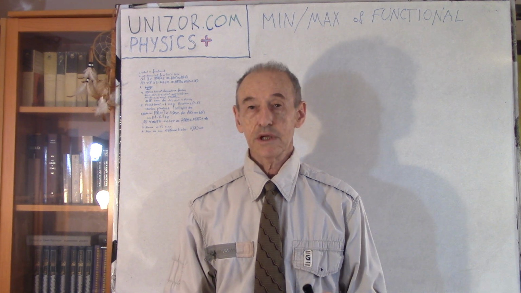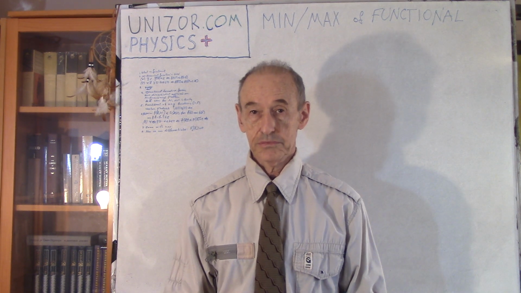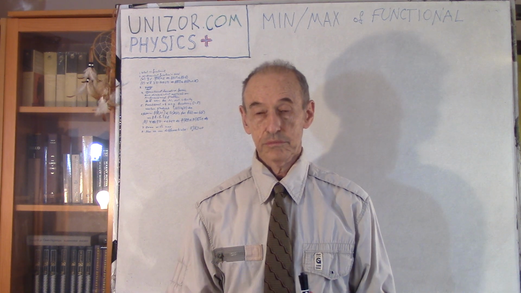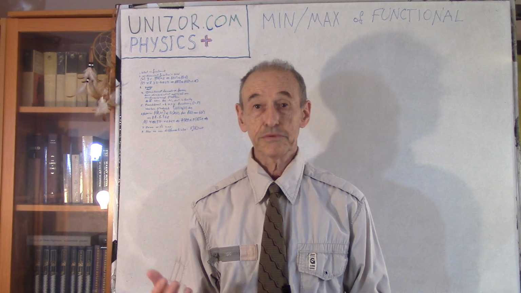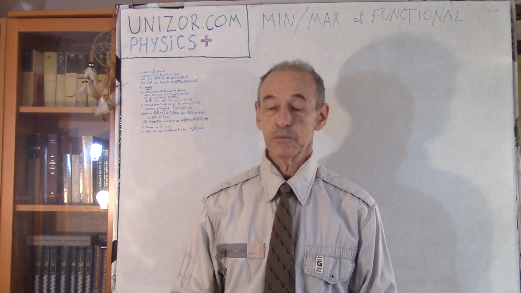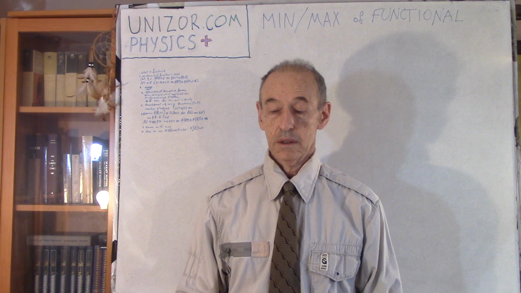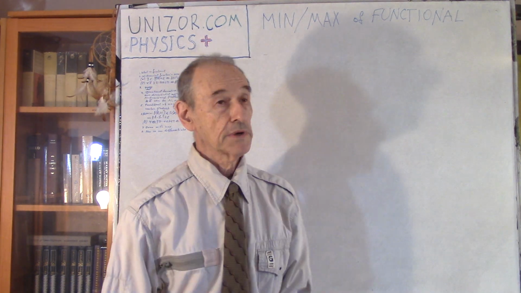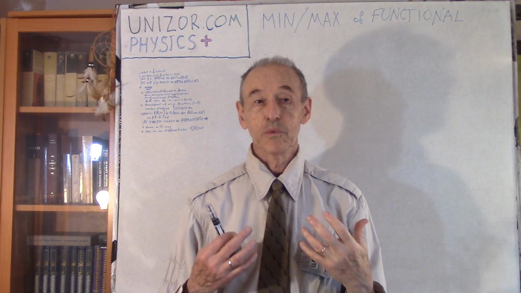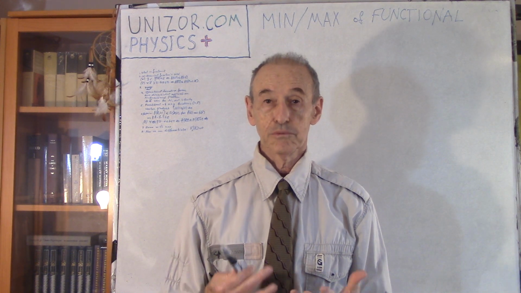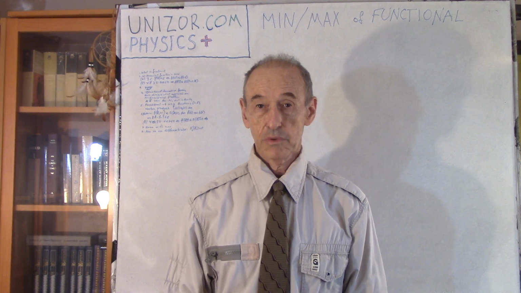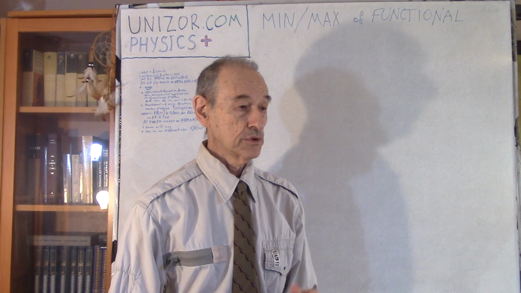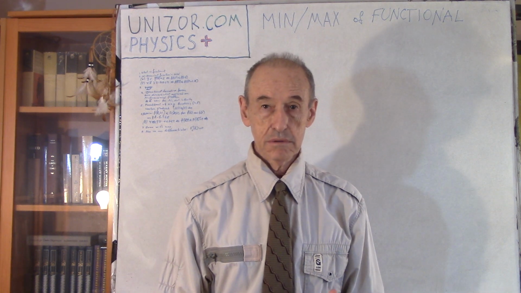And we will concentrate on maximum and minimum of functionals and how to approach the problem of finding these maximum and minimum. This lecture is called Max-Min of Functionals, where I will try to define what is a maximum or minimum of functional. Okay, now you do remember what functional is.